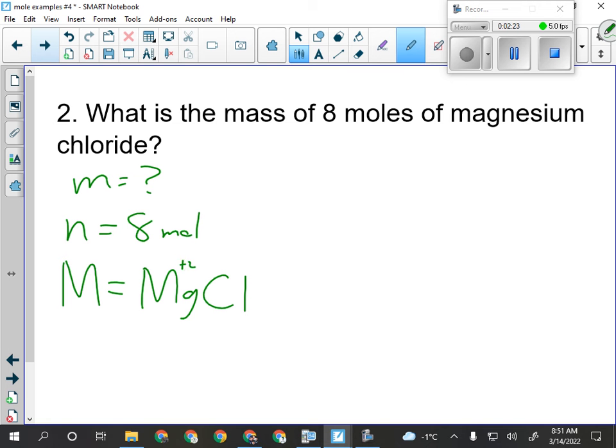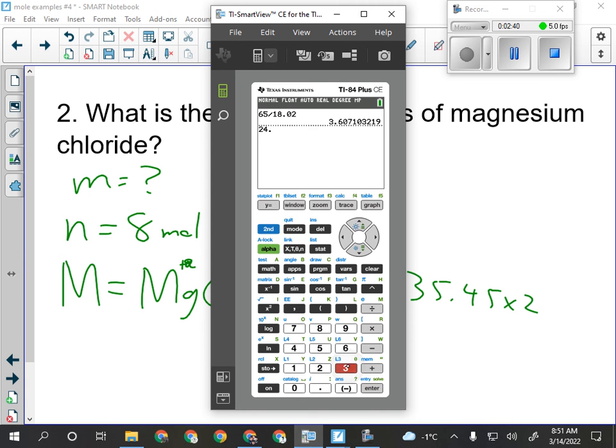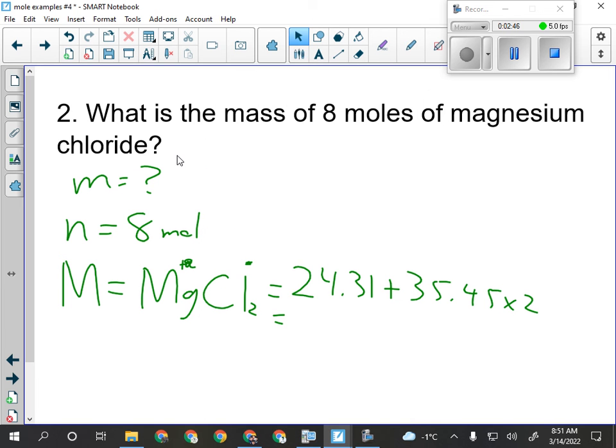Okay, so this is a +2, that's a -1, so we're looking at MgCl2, so that'll be 24.31 plus 35.45 times 2. 95.21 grams per mole is our molar mass.